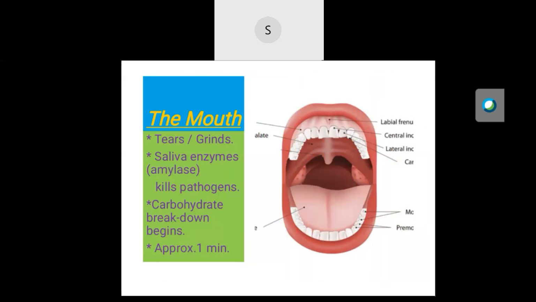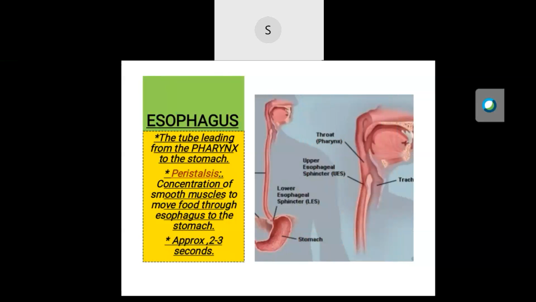Starting with the mouth: teeth tear and grind, saliva enzymes kill pathogens, and carbohydrate breakdown begins, approximately 1 minute. The second is the esophagus, the tube leading from the pharynx to the stomach. Peristalsis, contractions of smooth muscle, moves food through the esophagus to the stomach, approximately 2 to 3 seconds.